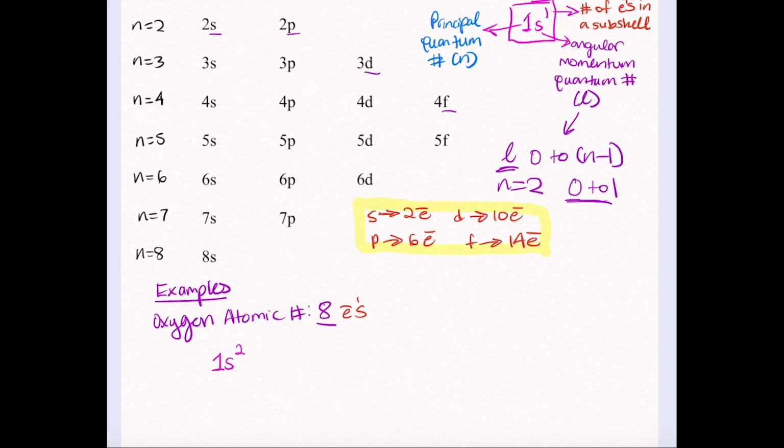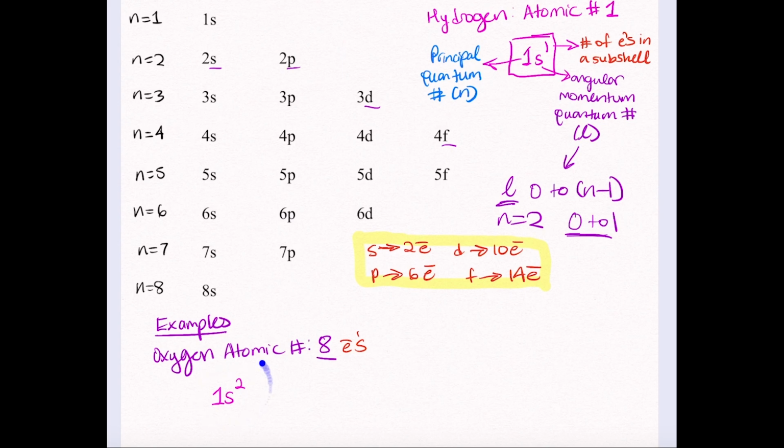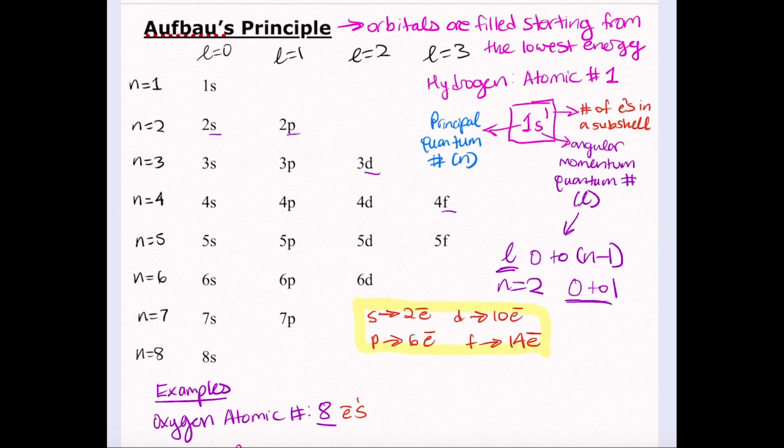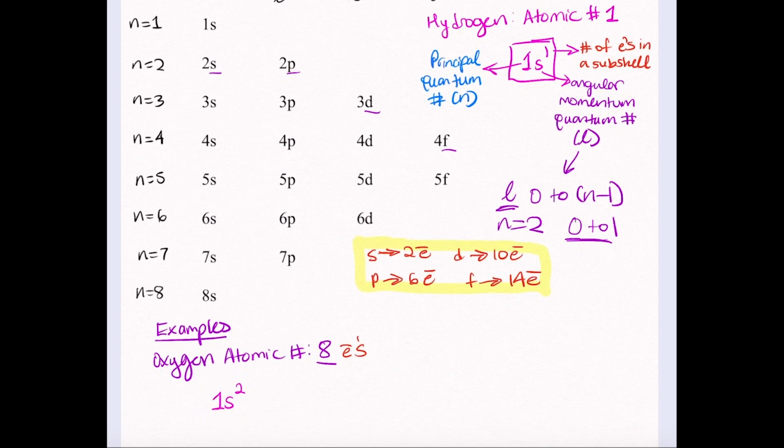We're going to have this be filled to 2 electrons because it can hold up to 2 electrons. So this is a lower energy orbital here, as you can see. So this is filled. Now we're going to move to 2s. So this is a higher energy orbital compared to 1s. So this 2s will be filled and it will hold another 2 electrons.